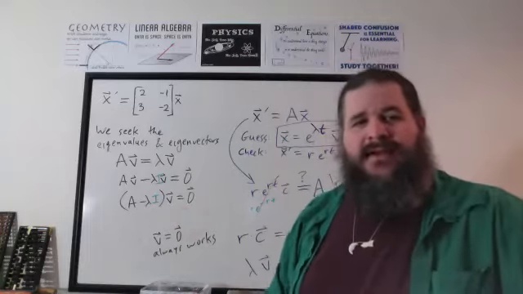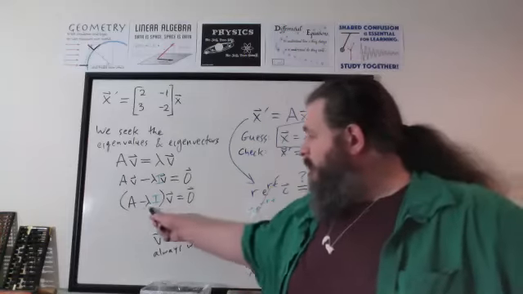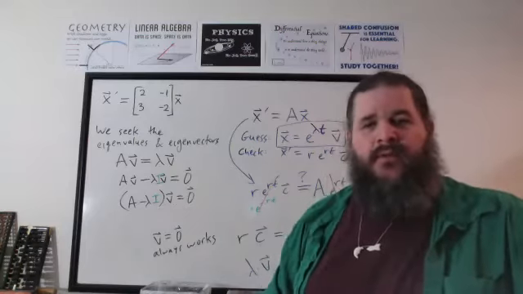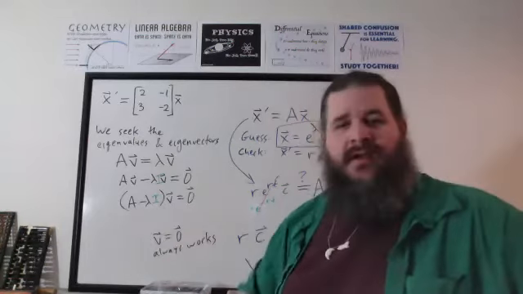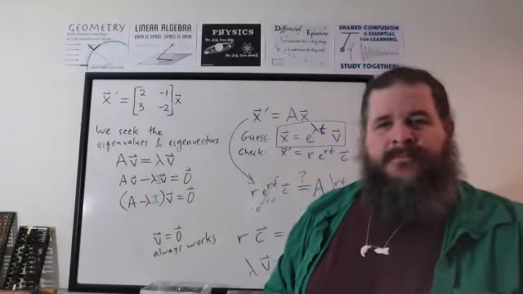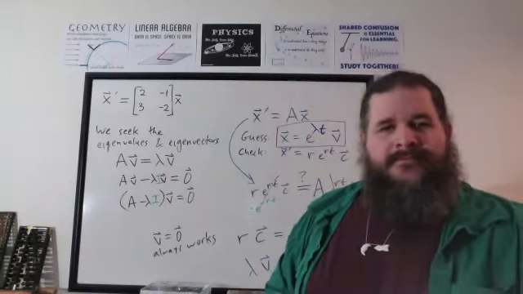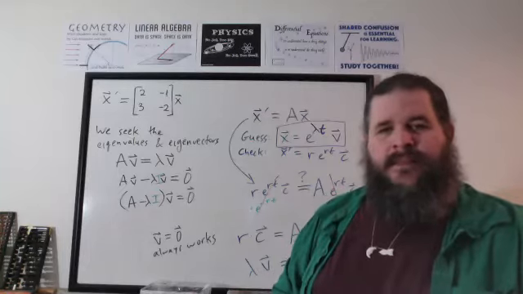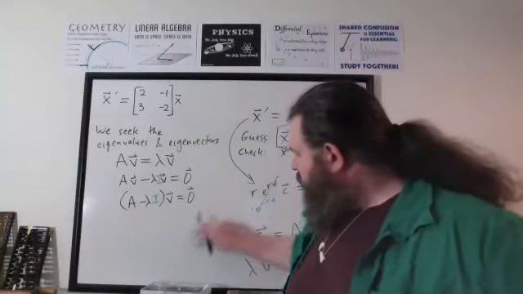And again, think back to linear algebra. What has to be true about the matrix in order for the null space to have more than just the 0 vector? What do we need to assume about this matrix to get more than just the trivial solution? It has an inverse.